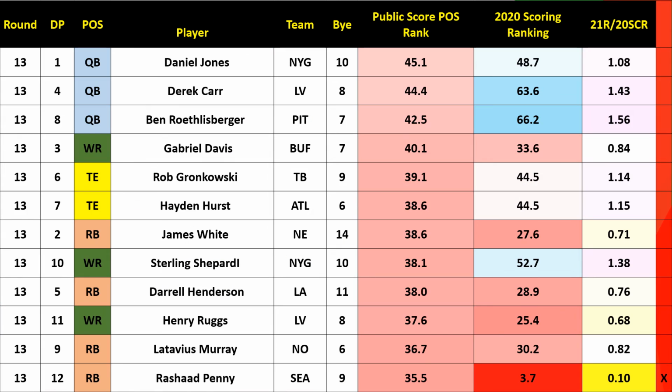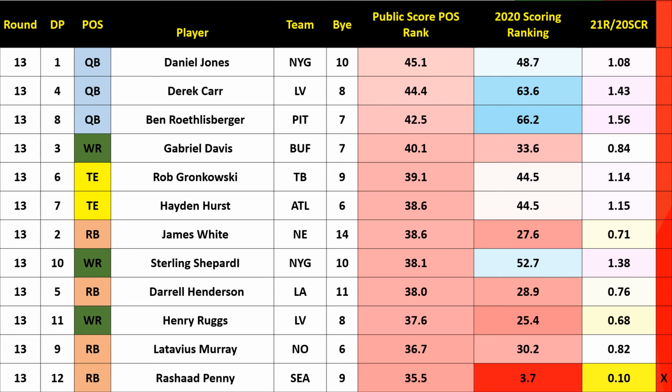Round 13. Here we go. Jones, Carr, Roethlisberger all day long. In fact, I've been waiting as my QB2, 2, 3. Gronkowski or Hurst. I like Gronk. What can I say?